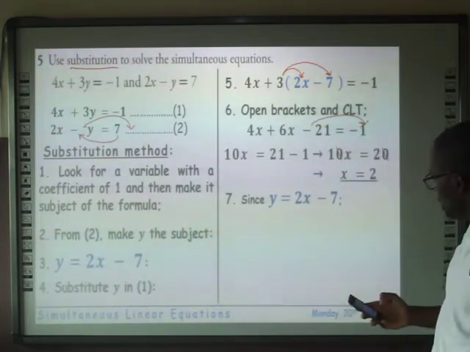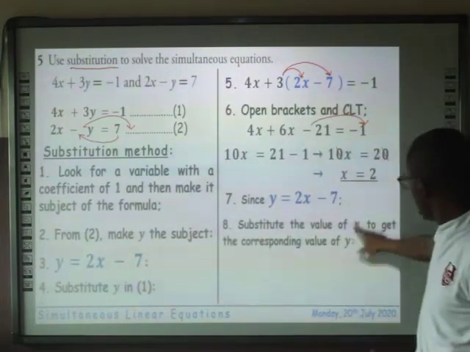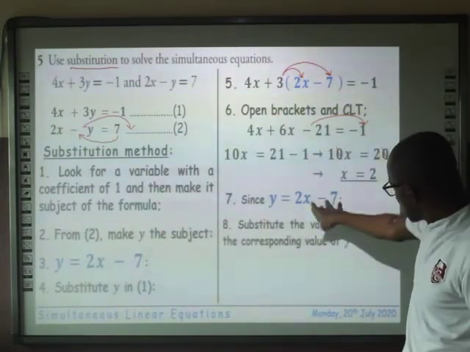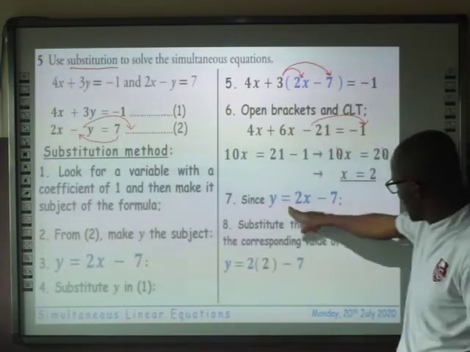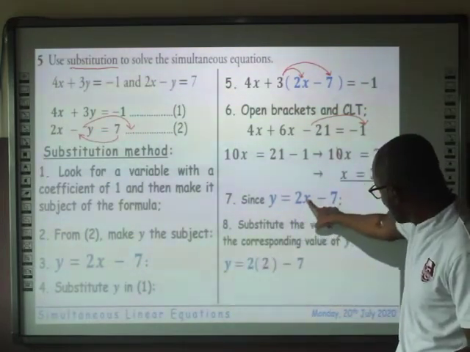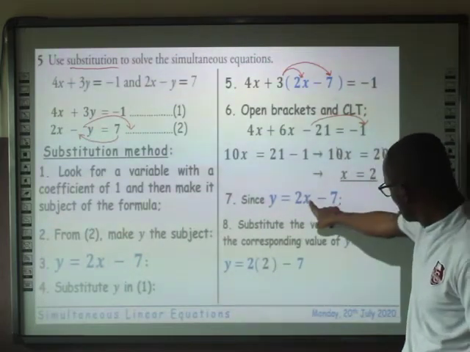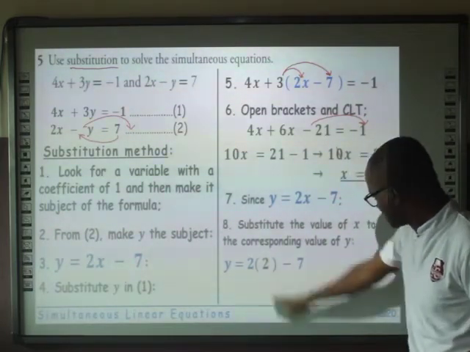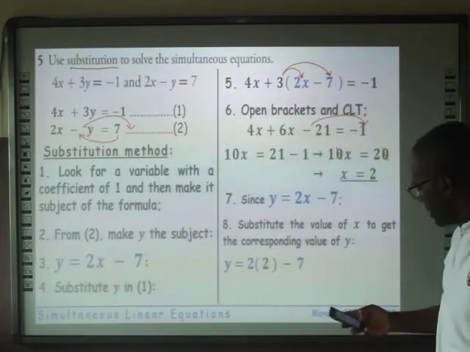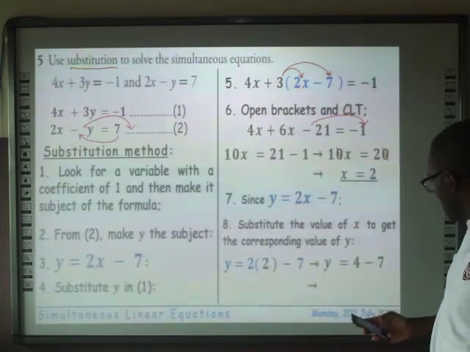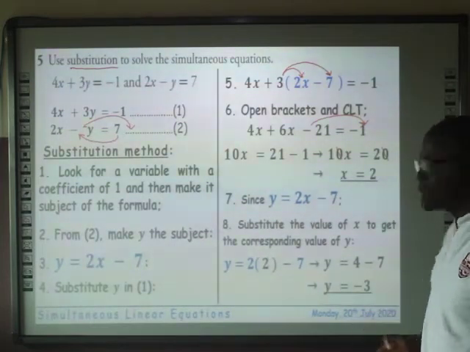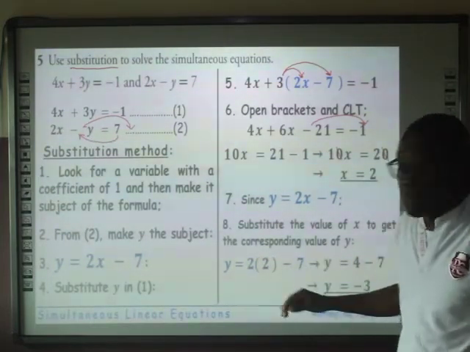So you have y now equal to 2x, the x will now be replaced with that 2, which is its value, and then you subtract 7. 2 times 2 gives you 4, minus 7. So y will now be equal to minus 3.